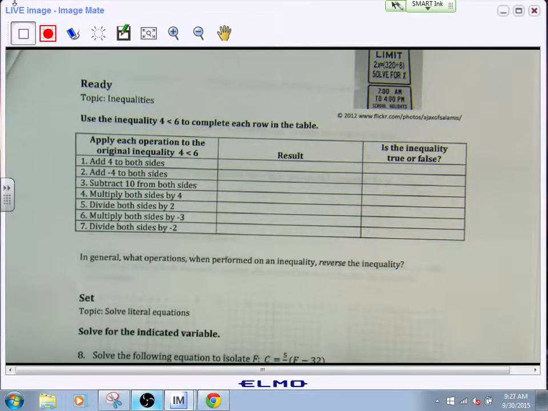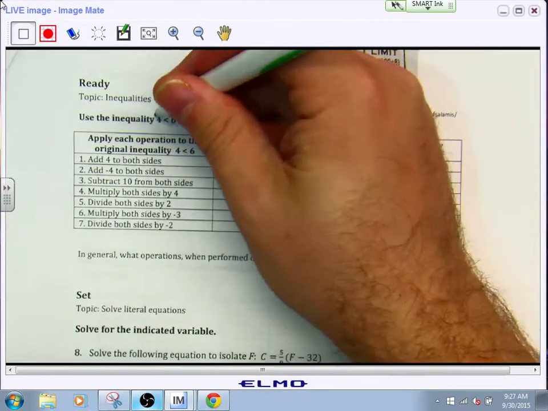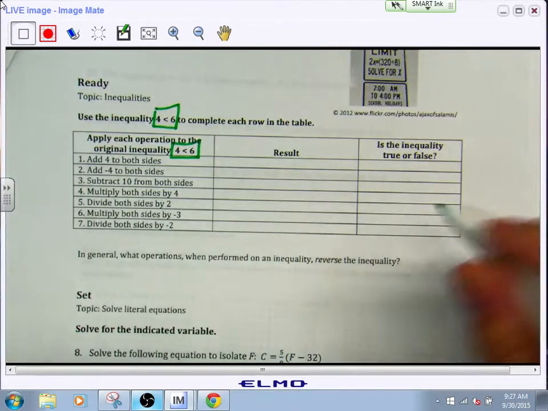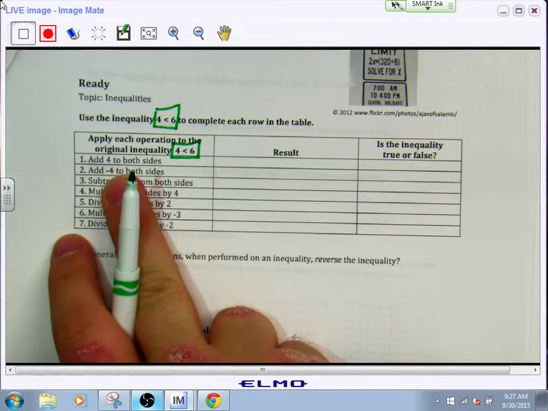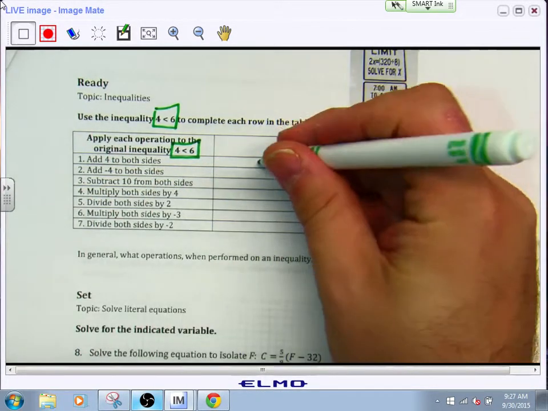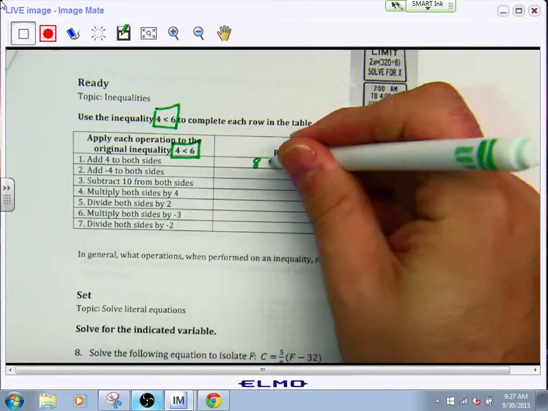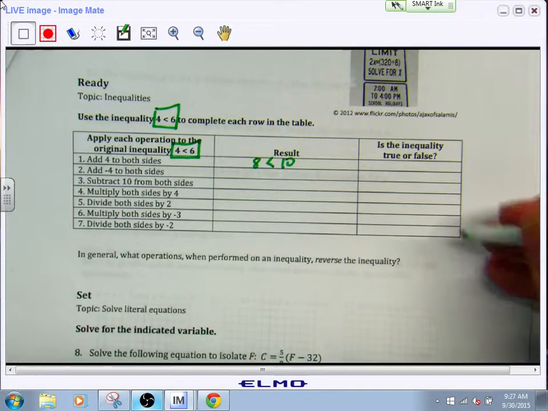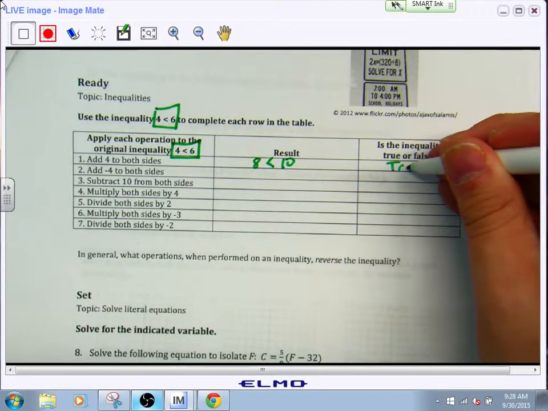So you see, we have an original inequality. What's the original inequality? Well, it says it multiple times. 4 is less than 6. And then this asks us to add 4 to both sides. So if I add 4 to 4, what do I get? 8. If I add 4 to 6, what do I get? 10. Is 8 less than 10? You betcha. So this is true.